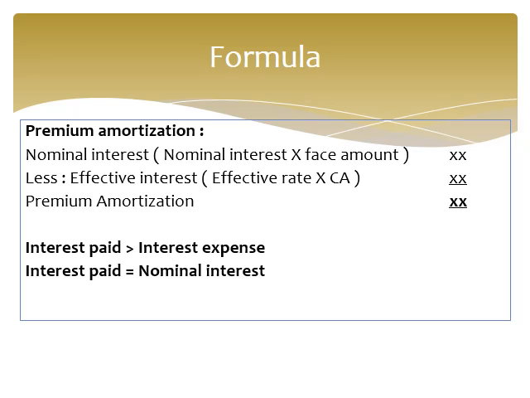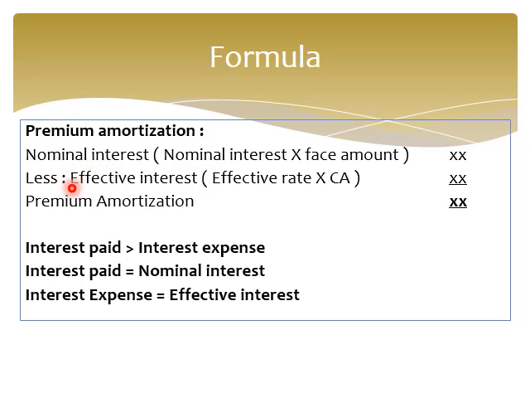Ngayon, yung interest paid, yan yung sinasabi nating nominal interest. Yung interest expense, yan yung sinasabing effective interest. Since mas mataas si interest paid, so nominal interest minus effective interest, yung difference nila equal dun sa premium amortizations. Therefore, kailangan natin bawasan yung interest expense na na-record natin, kasi nga dapat yung interest expense na mag-reflect sa financial statements etong effective interest.